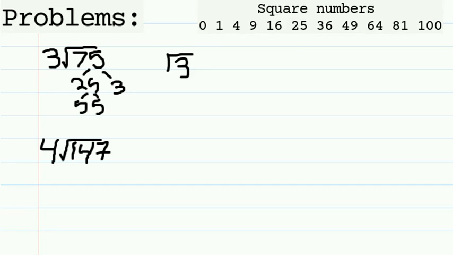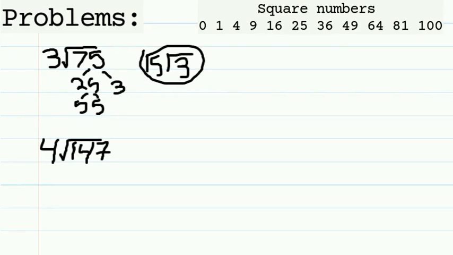But we're going to only take one of these 5s, and now we're going to multiply it with this 3 outside, or the 3 of the degree. And 3 times 5 is 15. So the final answer would be 15 square root 3.